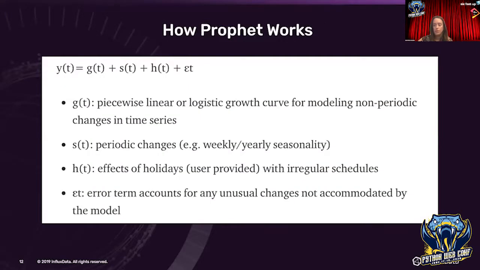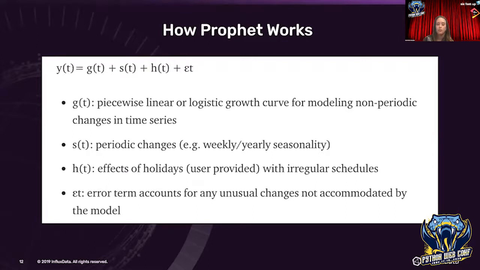So now I just want to take a brief second to skim over how Facebook Prophet works. If you're familiar with the Holt-Winters algorithm or triple exponential smoothing, then you'll have some idea of how Facebook Prophet works. Basically, it takes the time series and decomposes it into its various elements, like its seasonality, its periodic changes, and various holidays, which is something that the user would input.